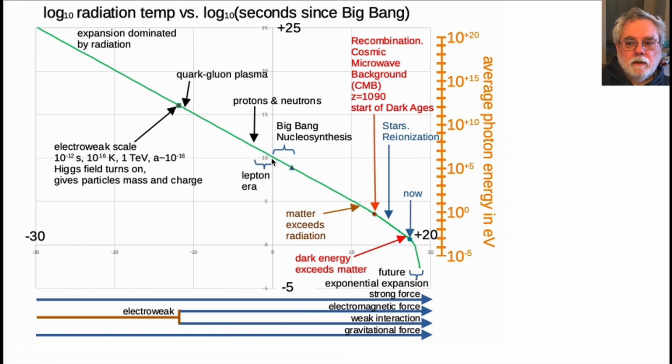For every proton or neutron, there were about 1 billion electrons and antimatter positrons. They were relativistic and counted as radiation, not matter, for driving expansion.